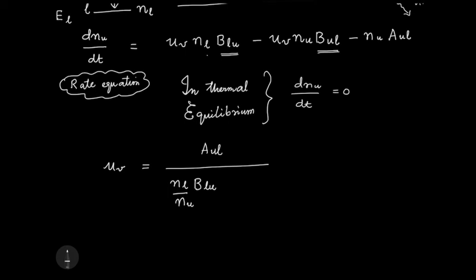So AUL has NU, so that I have taken here. Okay, so what you have done, you have divided everything by NU. So when I take u nu on the left hand side, this remains with BUL.